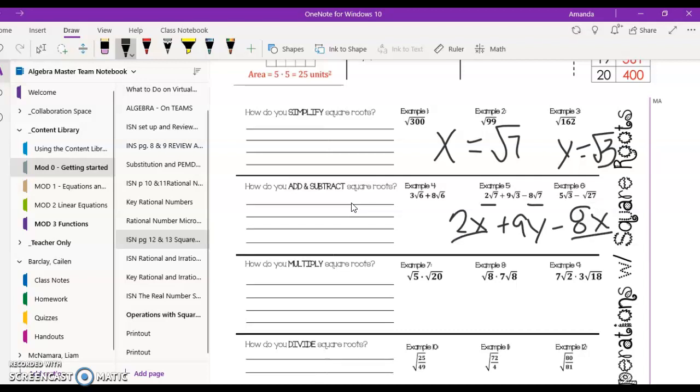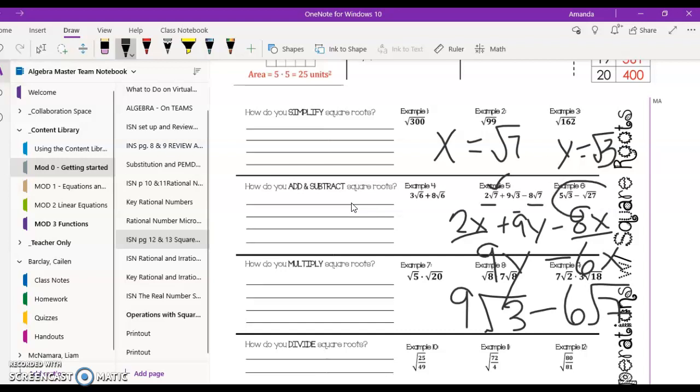I can combine these like terms. So I actually have 9 root 3's, or 9 y's, minus 6 x's, or I have 9 root 3 minus 6 square roots of 7. Think of these like a number that you can add up. So how many root 7's do I have? Well, I'm subtracting 6 root 7's, and then I have 9 root 3's.